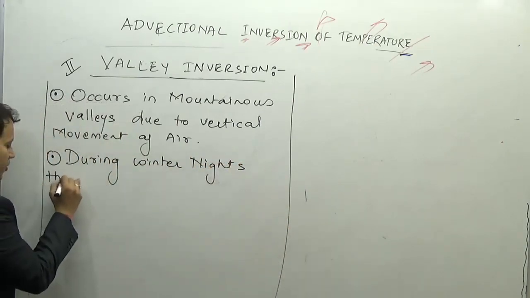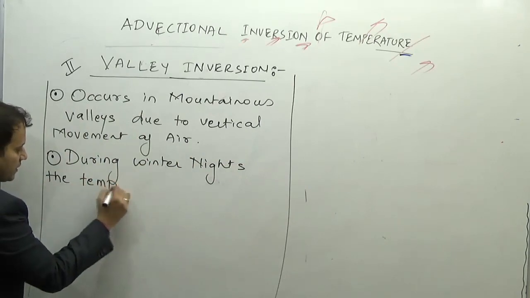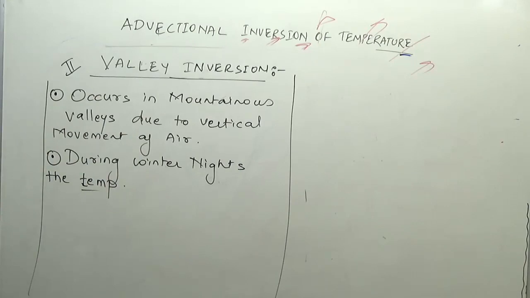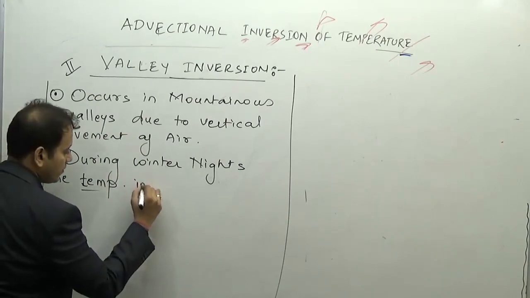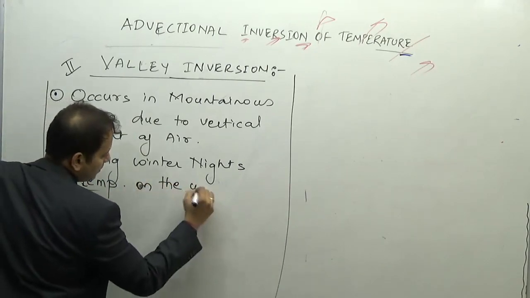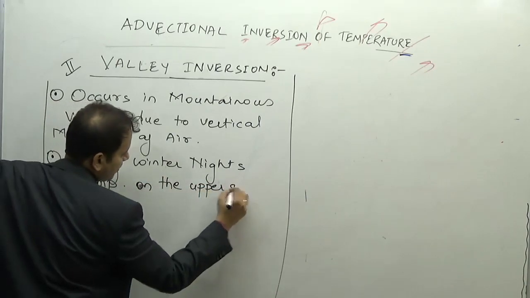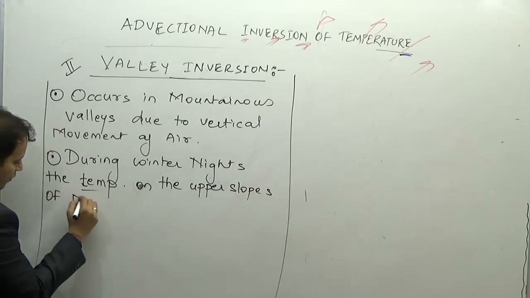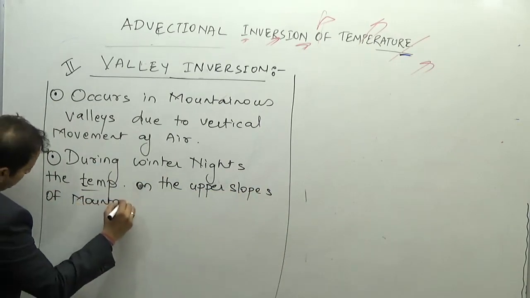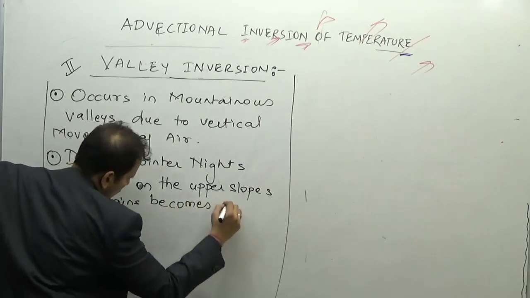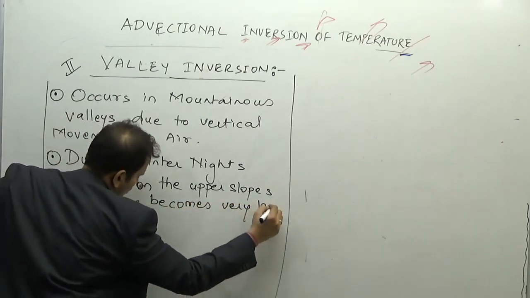the temperature on the upper slopes of the mountains, I will use the shortcut for temperature, TMT, the temperature in the upper parts of the valley, or we can say on the upper slopes of the mountain, becomes exceedingly low or very low. Why?